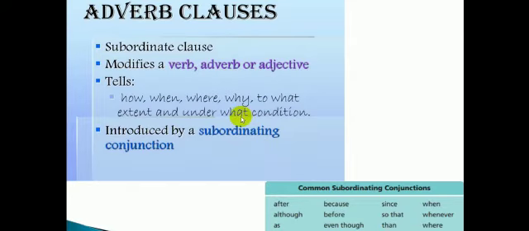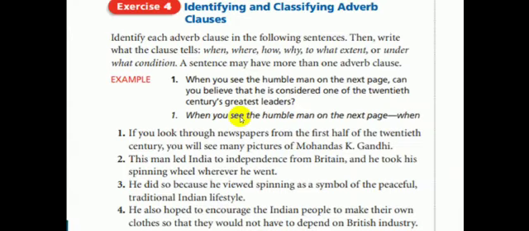You will find them all in your book. Let's go to exercise 4. Identify and classify adverb clauses. So we're just gonna look for here the subordinating conjunction. In the adjective clause we were looking for the relative pronouns, but here we're gonna look for the subordinate conjunction.